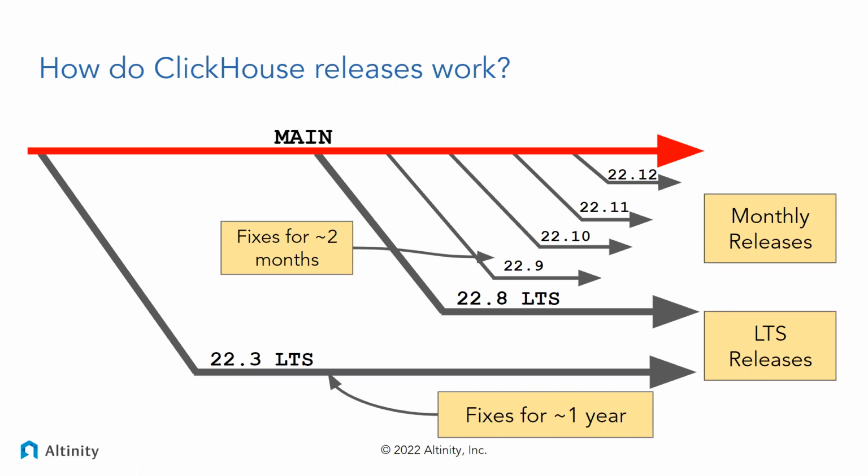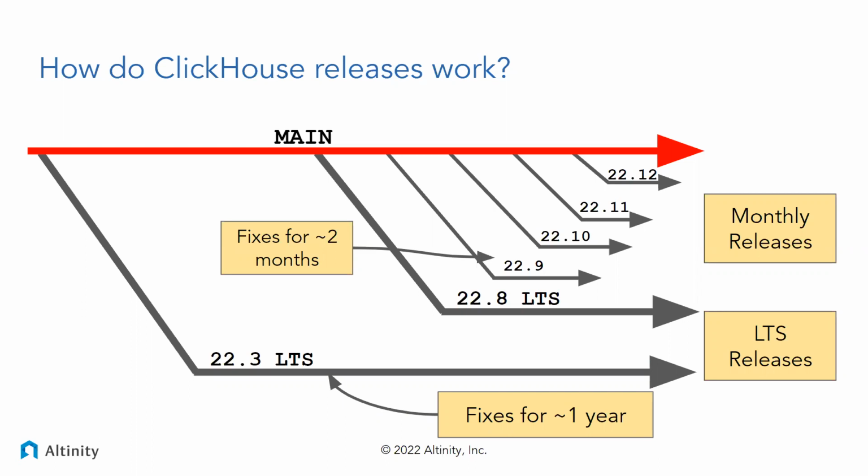And since this process happens every month, not all of the versions receive the same amount of support, because if you have one version every month, it takes a lot of time and effort to support all of those equally. So regular versions receive updates for a couple of months, depending on the severity of the issue.